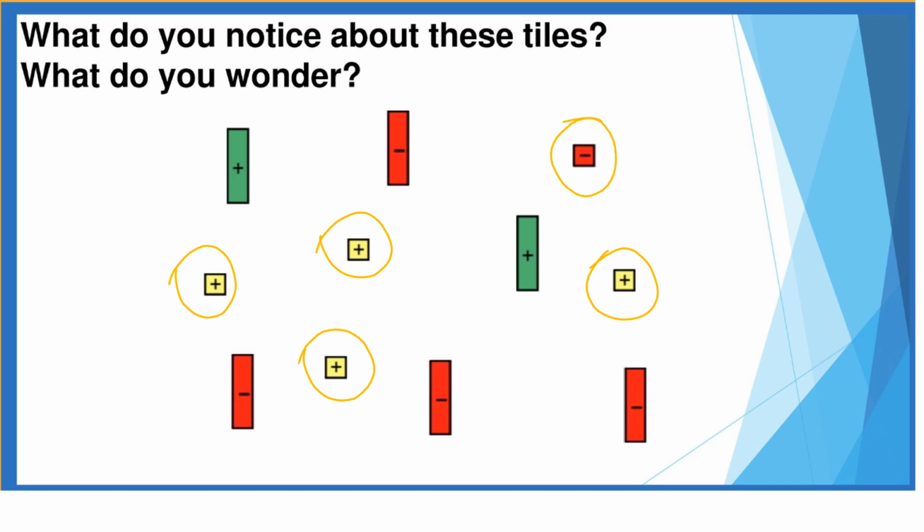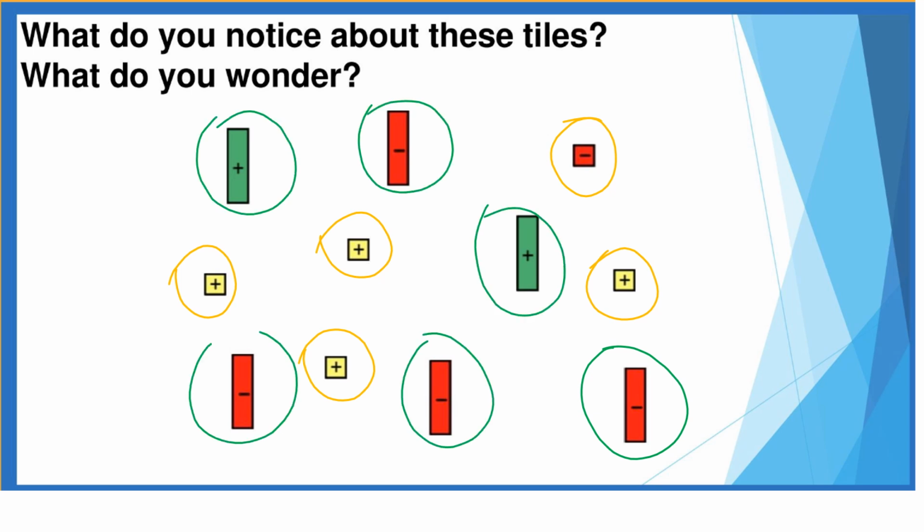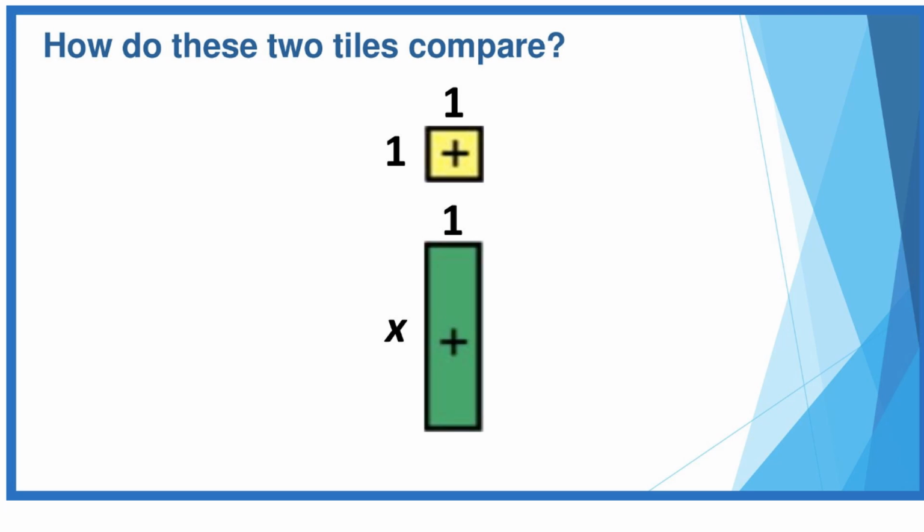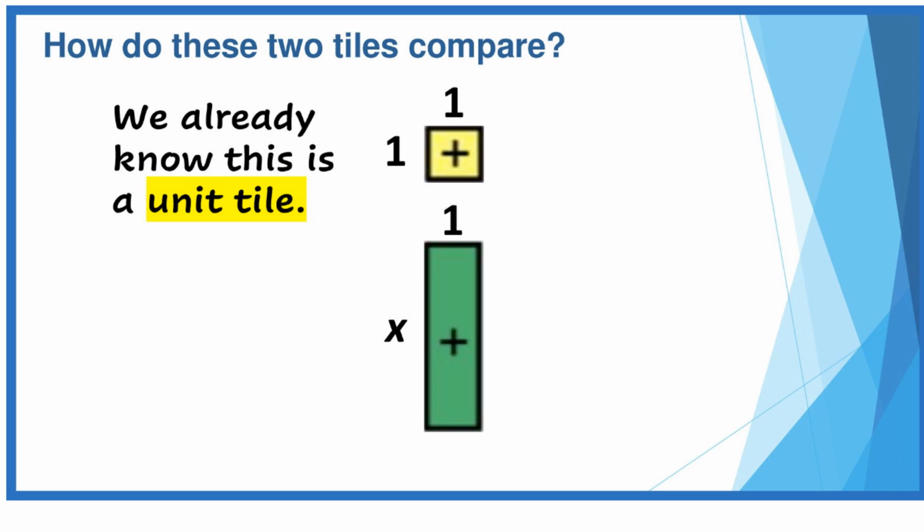These are all different size tiles, and the colors are different too, but the colors represent whether the tile is positive or negative. If you hit your select tool in your Fluid Math file and drag the box beside the small square tile, you'll see the definition, which is what we already know, the unit tile.